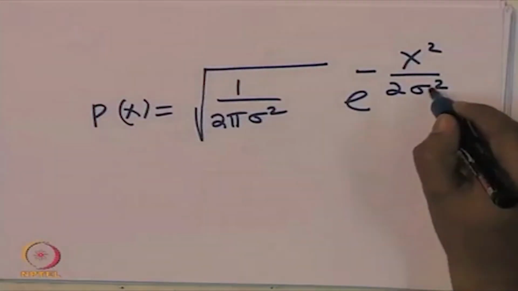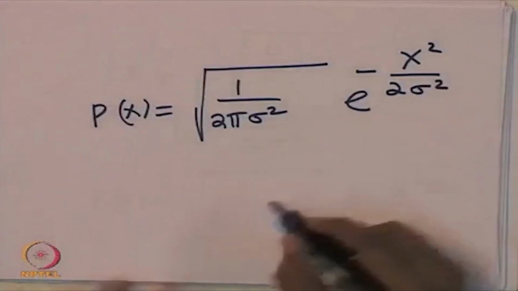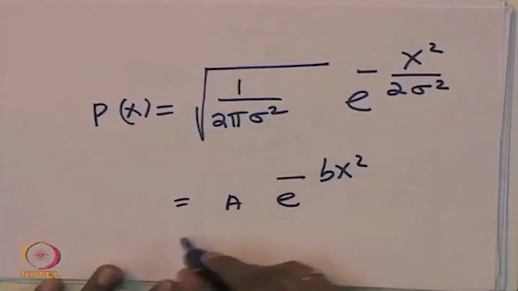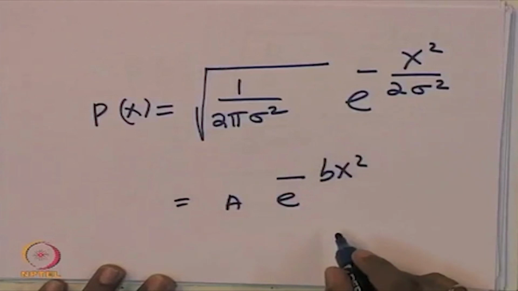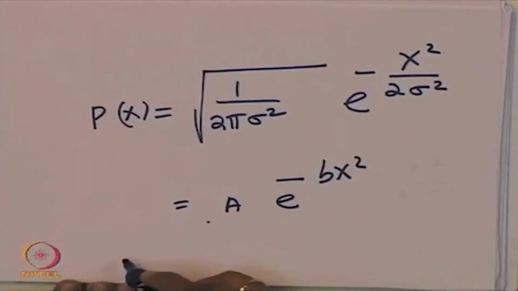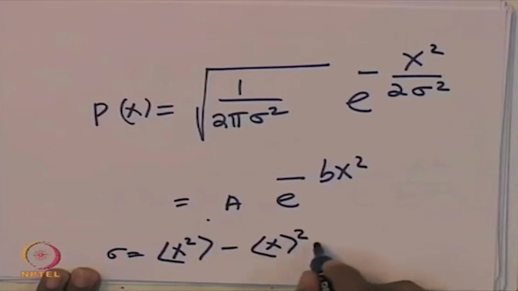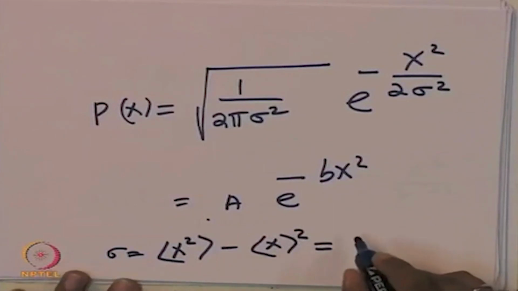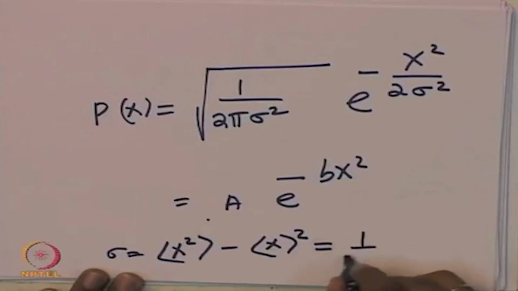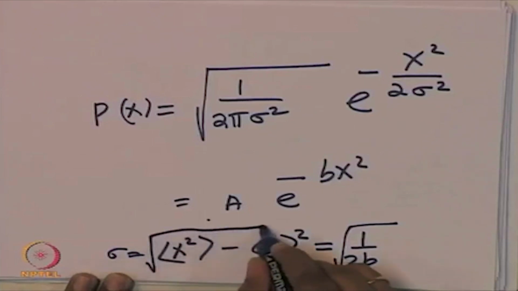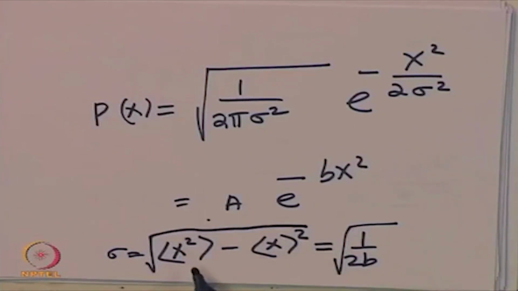This is precisely the reason why sigma square is put here. If you just call it e power minus b x square, and you take this function and calculate sigma, that is the root of x square average minus x average square, what we get is root of 1 over 2b.